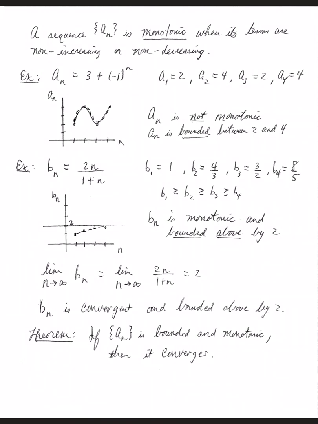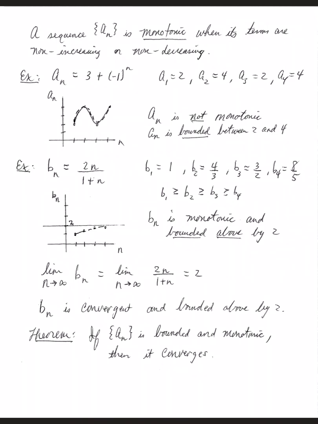This sequence is in fact bounded above by 4, bounded below by 2, but it's not monotonic because there's increase followed by decrease followed by increase. Monotonic, you either want it all to decrease the whole time or increase the whole time.